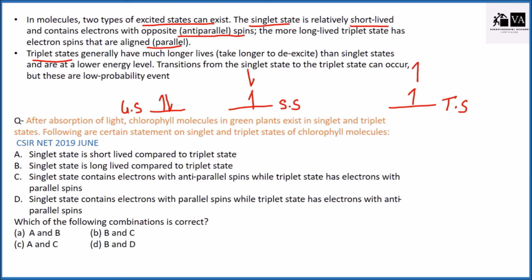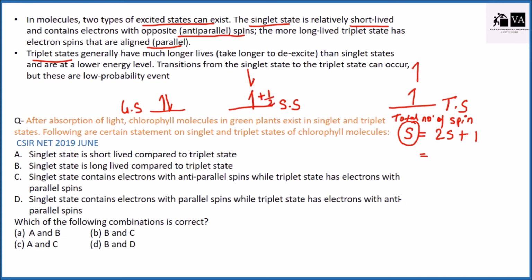So why is it called singlet and triplet? Let's understand this with the help of a formula: 2S + 1, where S is the total number of spin. If we calculate for singlet, in the singlet state there is opposite spin for an electron.